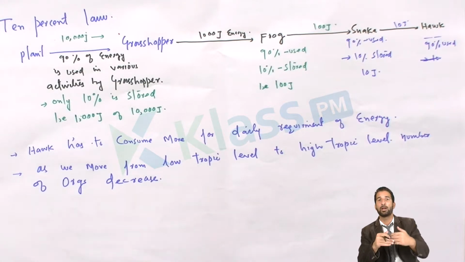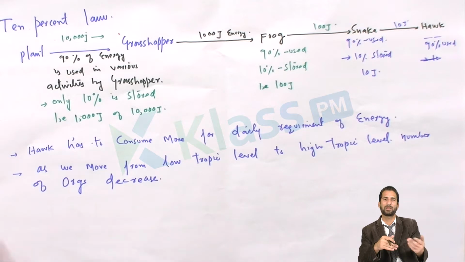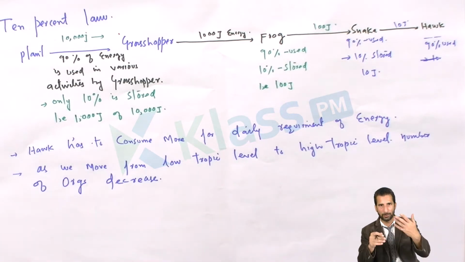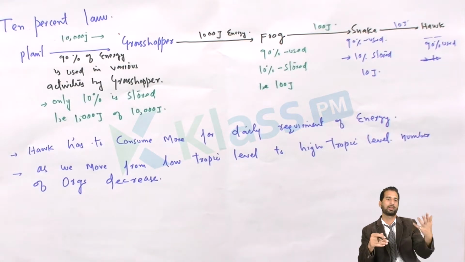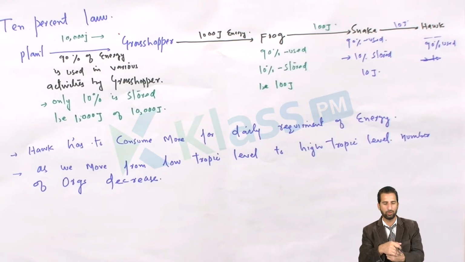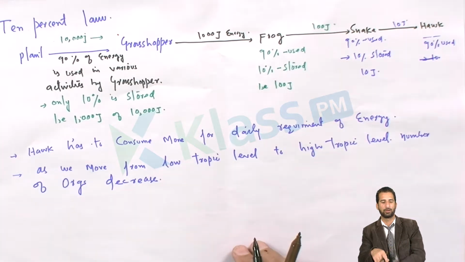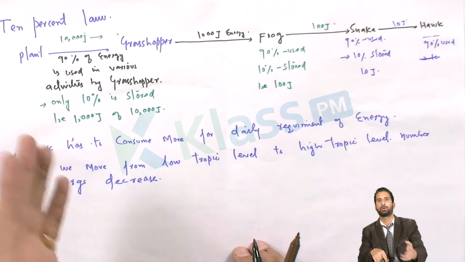So 90% of the energy utilized by the plant is lost in the form of heat. Most of the energy has been released as heat, dissipated as heat. So I have written here that 90% of the energy is used by the plants in various activities.